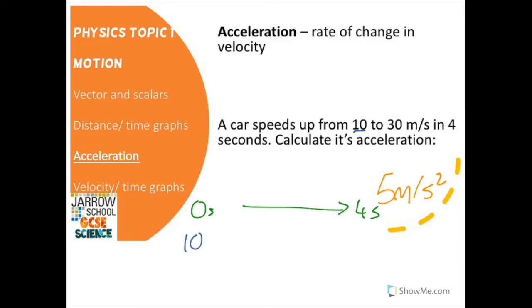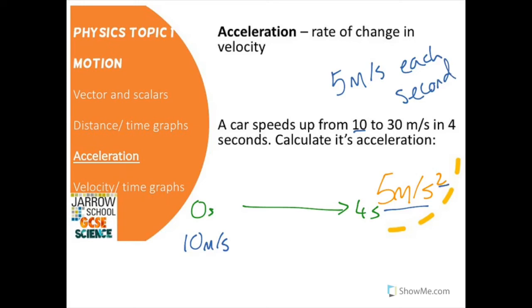Well, it was already going at 10 meters per second. What acceleration means, 5 meters per second squared, is that it's getting faster by 5 meters per second each second. So that's why it is squared. It's just a lot easier to write than 5 meters per second each second. That would take too long. So we'll just write 5 meters per second squared.